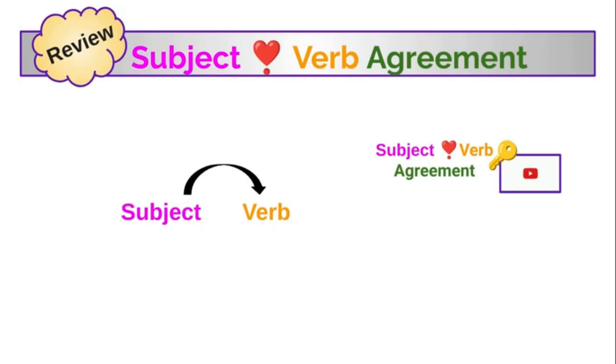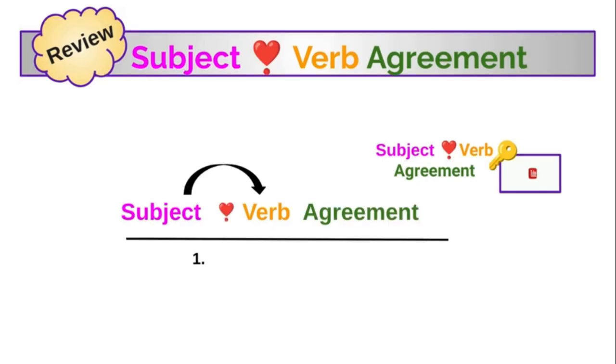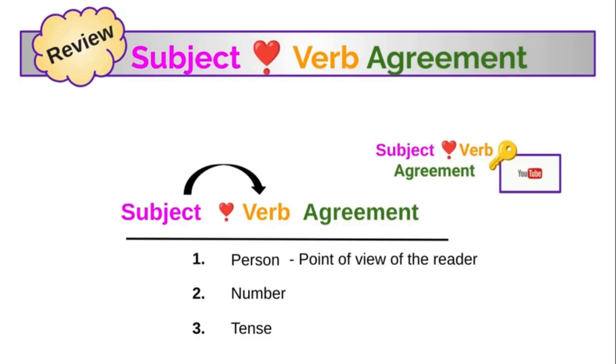The subject and the verb must agree in a sentence. They have to agree on 3 points. The subject and the verb must agree in person, number, and tense. The person refers to the point of view of the reader. Number refers to singular or plural.